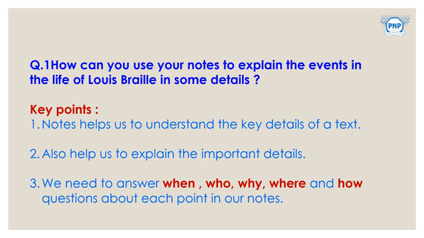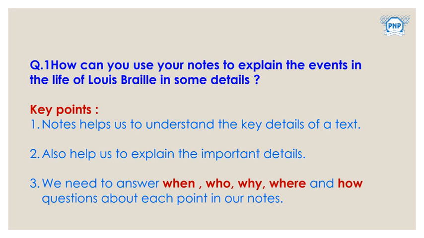After that, how he brought some improvement and prepared his own set of language, that Braille system. And how he started using it with the help of his students, and at the end they have given when he died, correct? So all the key details have been mentioned in that.